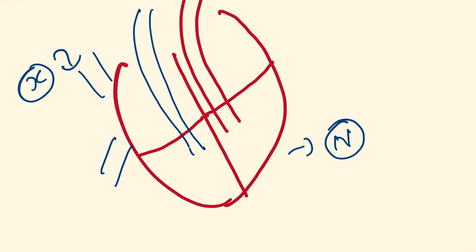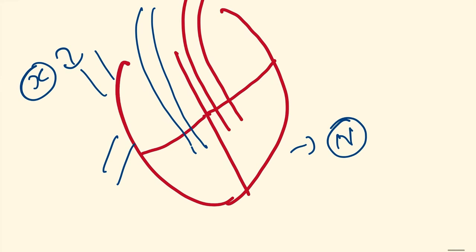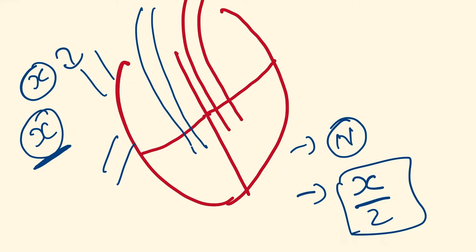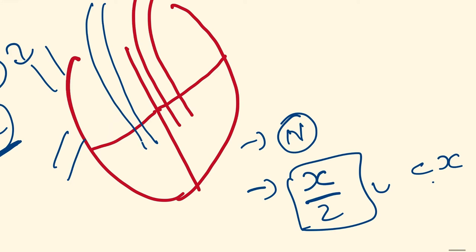But in this condition, when X amount of blood is reaching the heart, our heart is able to pump only X by 2 or even less than X by 2 amount of blood.